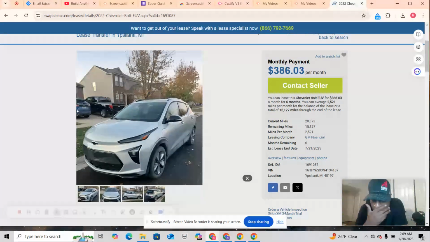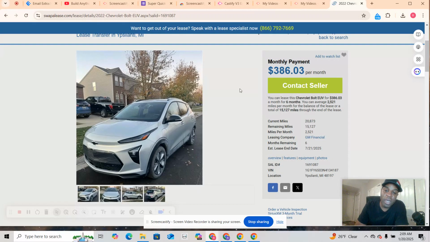But yeah, this is perfect. This is a perfect GM Financial, $386 a month, 6 months left. 3 times 6, 1,800. So now you've got 1,800.